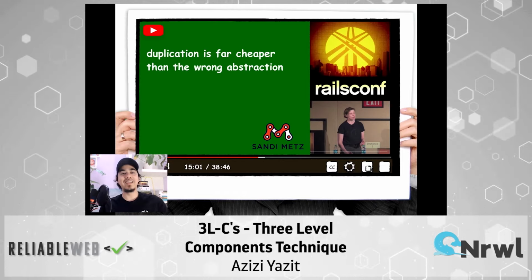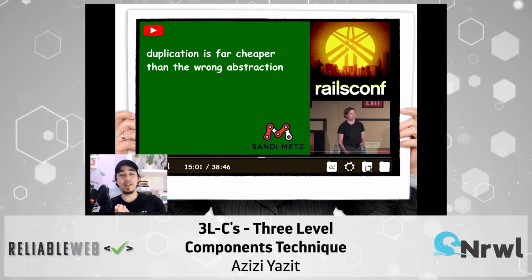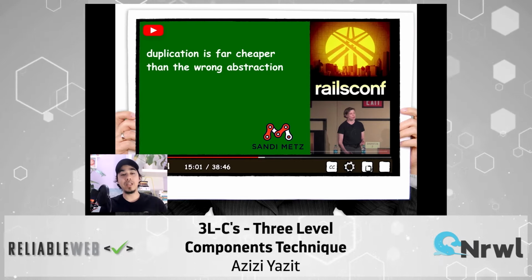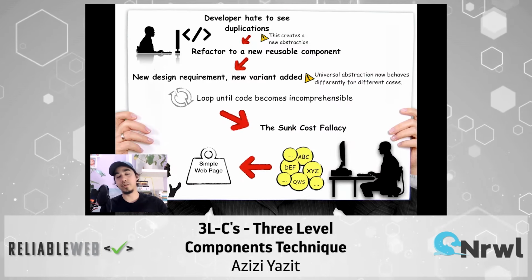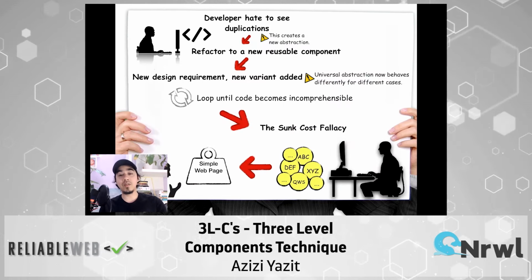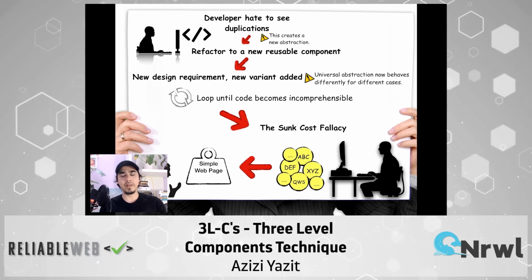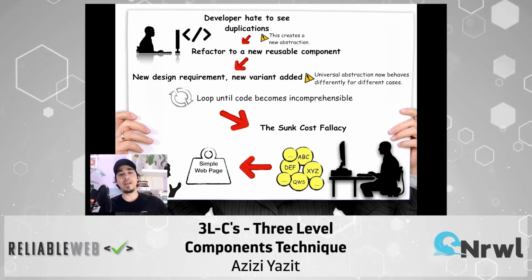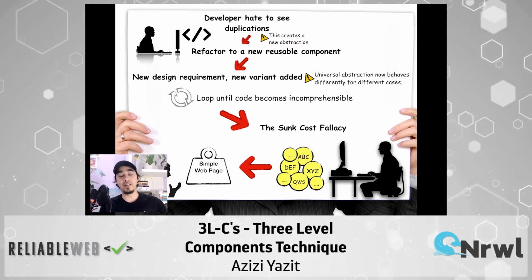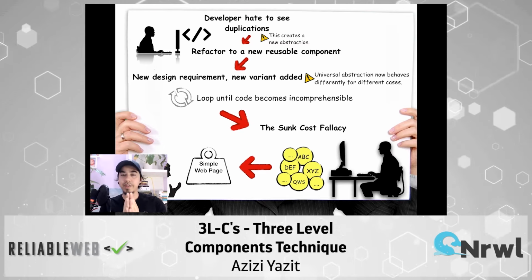For example, they might prefer to keep duplicated code over an abstraction, because duplication is far cheaper than the wrong abstraction. The analogy to the sunk cost fallacy is that the developer hates to see duplicate components, and then starts to refactor the duplicate components into a new reusable component. Guess what? That creates a new abstraction.